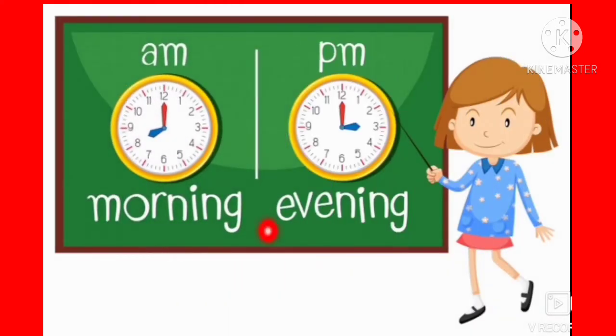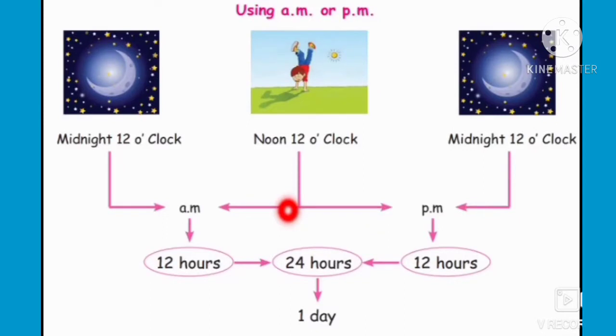So, bear it in mind that always morning hours are denoted by AM, while afternoon and evening hours till midnight 12 o'clock are denoted by PM. Now students, I am going to show you a clear-cut classification between AM, ante-meridiem, and PM, post-meridiem. So students, from midnight 12 o'clock to noon 12 o'clock, the time is denoted by AM.